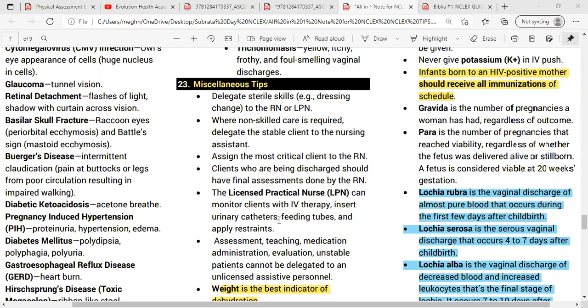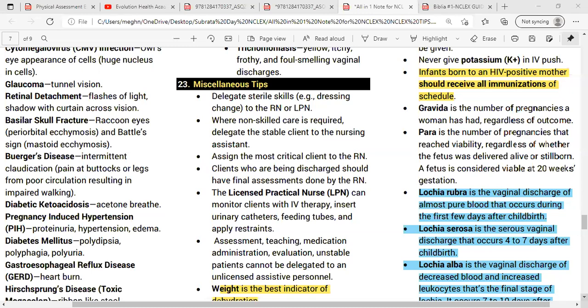They can insert urinary catheters and feeding tubes, we call it nasogastric tube, and also apply restraints under supervision of an RN. Assessment, teaching, medication administration, evaluation, and unstable patients cannot be delegated to unlicensed assistive personnel.